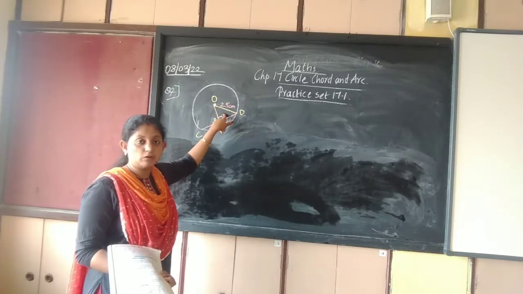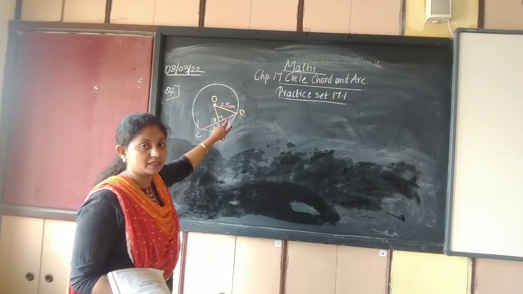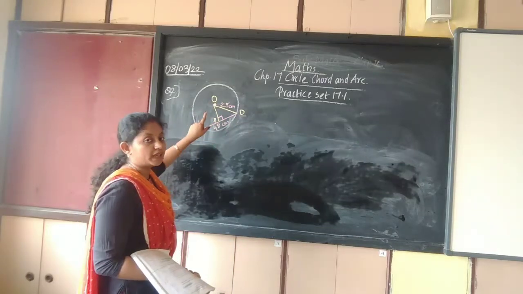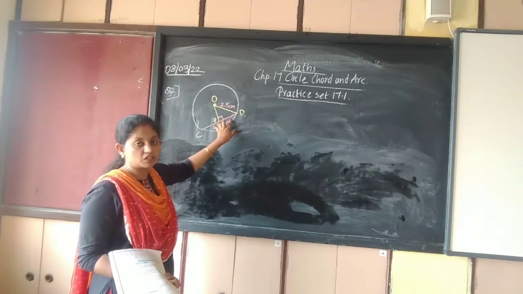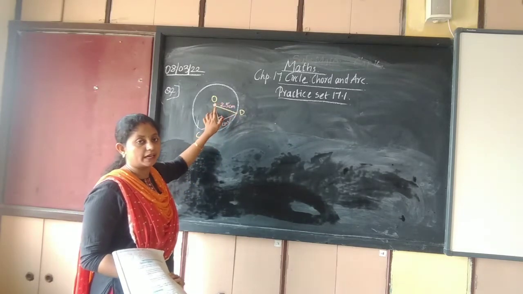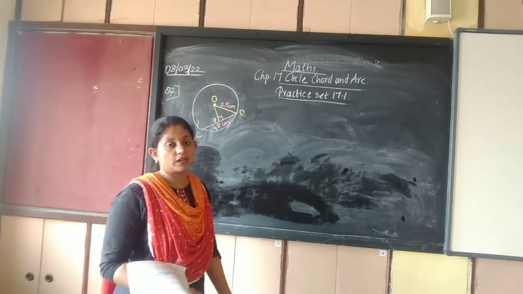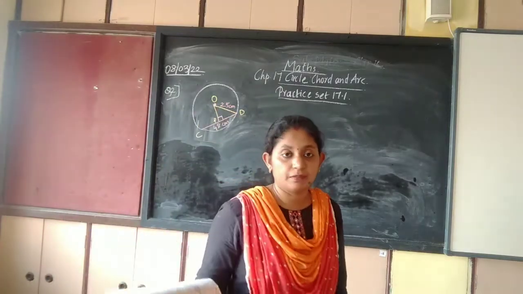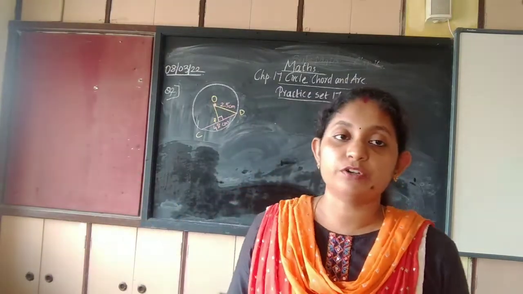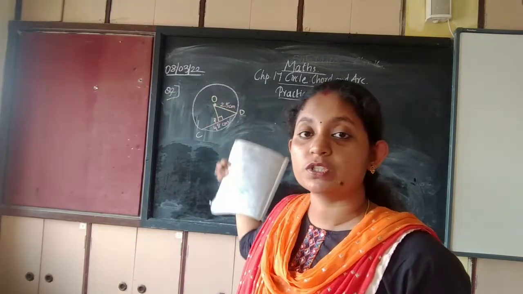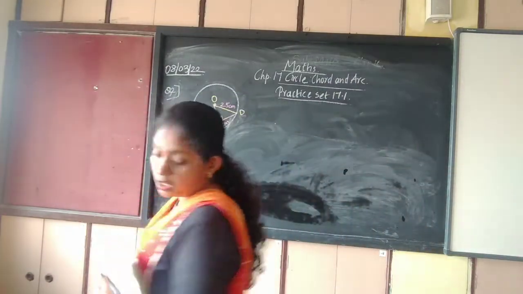Here it is perpendicular, so a triangle is formed with a 90 degree angle. So we can use the Pythagoras theorem. To use it you need this measurement, and we can find this one. The full CD is given as 48, so what will be PD? Half of that, we know. What is the reason? The perpendicular drawn from the center to its chord bisects the chord. So we have to write everything now. Let's begin.